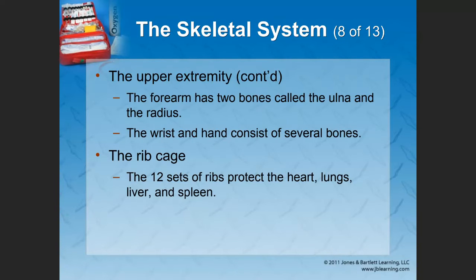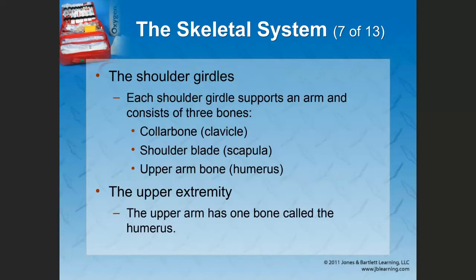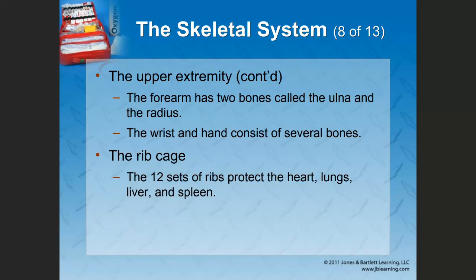All right. Now the forearm, so let me just backtrack a bit. So please note, the upper arm has 1 bone called the humerus. That's the funny bone. The forearm consists of 2 bones, the ulna and the radius.